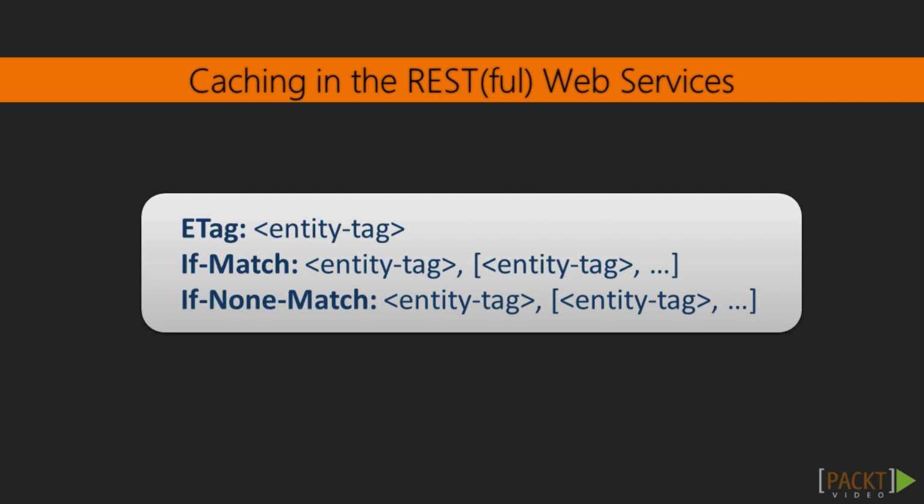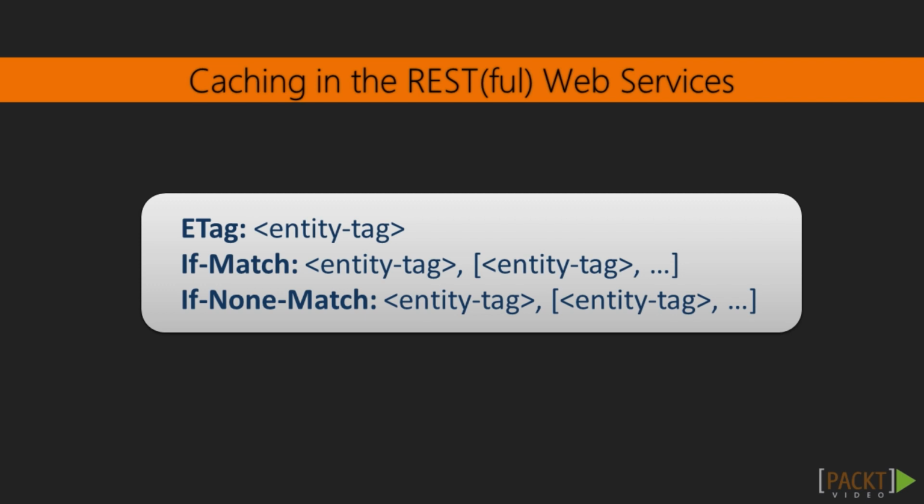The HTTP 1.1 protocol specification defines yet another mechanism for effective caching based on entity tags, or ETags, and conditional request headers, ETag, If-Match, If-None-Match. It is also known as content-based caching. An ETag is some kind of identifier or hash which is assigned by a server to a specific version of a resource, referenced by the URL.